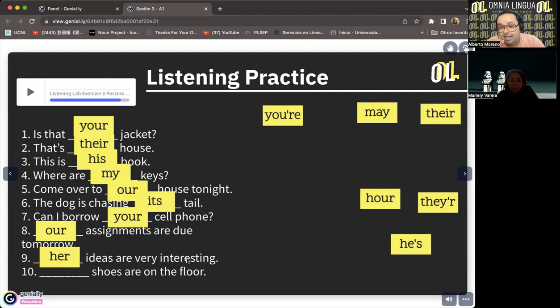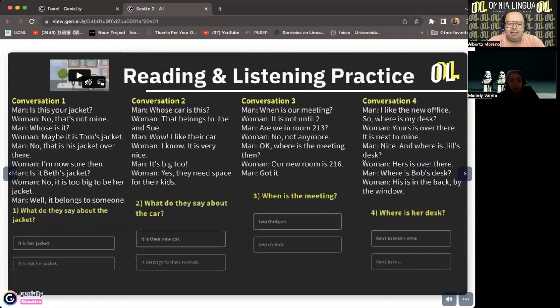La omitimos esa E y nada más pronunciamos TR. Interesting. Very good. And the last one. 10. Their shoes are on the floor. Which is the answer? Their. Their shoes are on the floor. Excellent. Let's keep on with the activity.